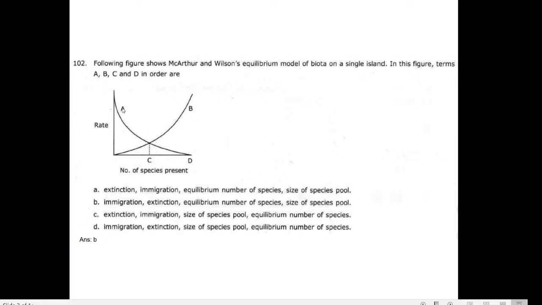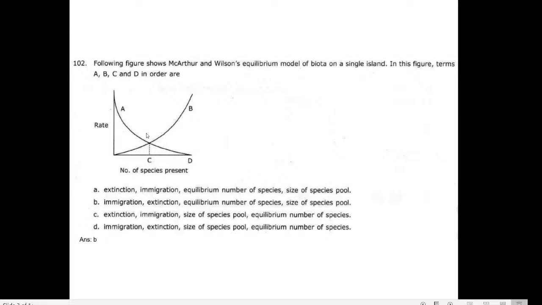Here A is low, not fully reduced, just reducing. This reducing process means moving from one place to another place, and that is immigration. The rate, the number of species moving, becomes low.